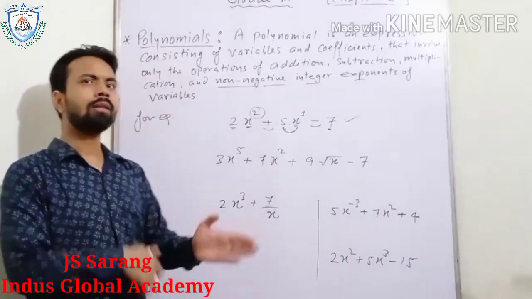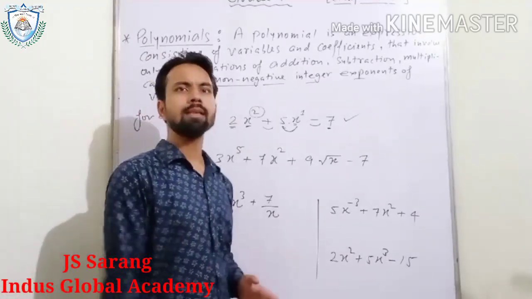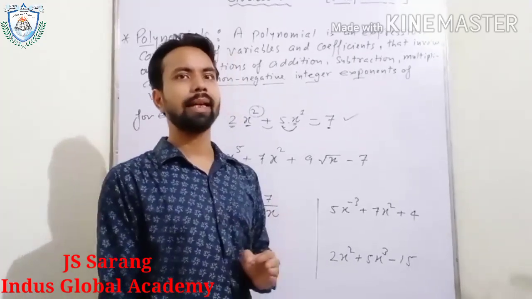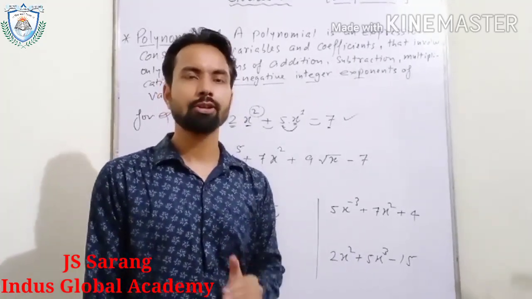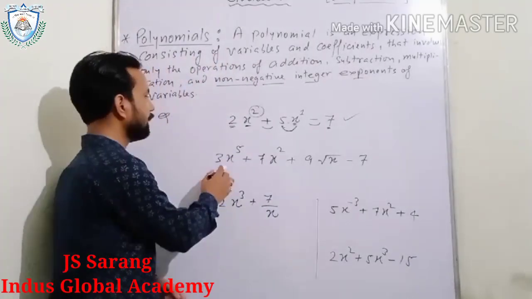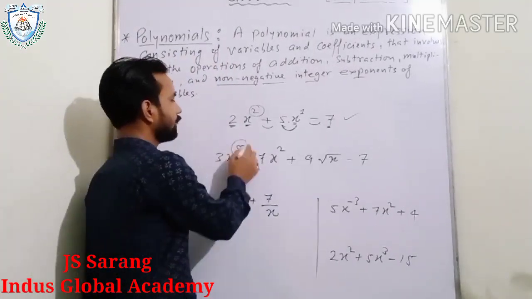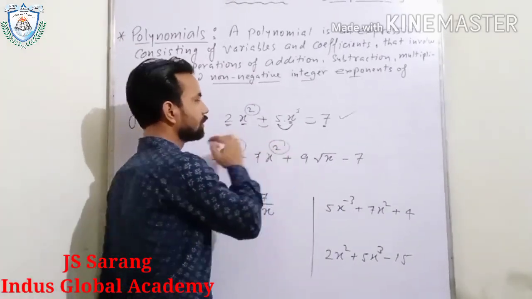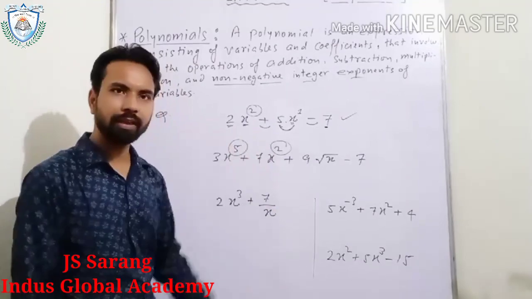Clear? Now the most important property is that the power of the variable should be a non-negative integer. Power should not be negative or fractional. So see here, the power of x is 5. This is a non-negative integer. Power of x is 2. This is also a non-negative integer.